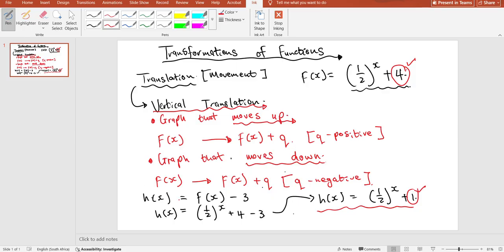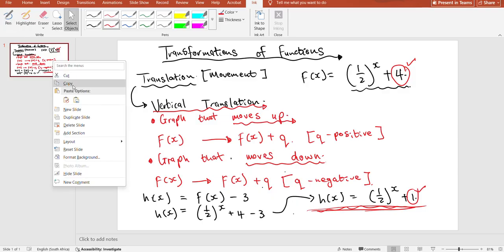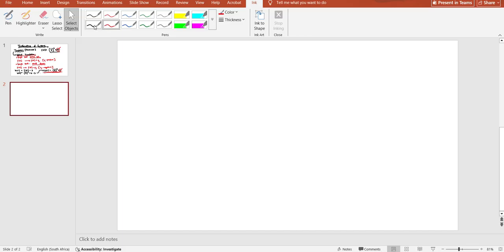So I hope you can see how we find the new graph, which is h of x, and how we describe the movement. I've been describing the movement to you throughout this video. So I hope that makes sense. That's translation. Then let's look at the other type of translation, and this is a horizontal translation.